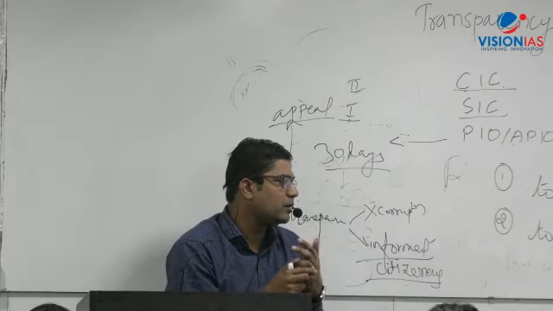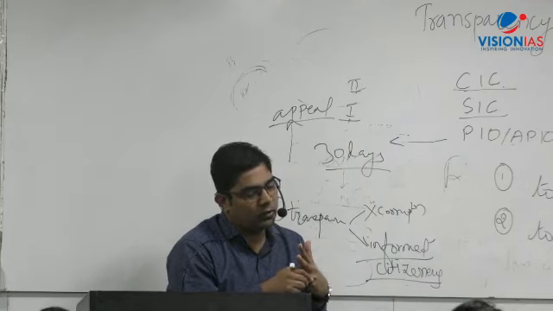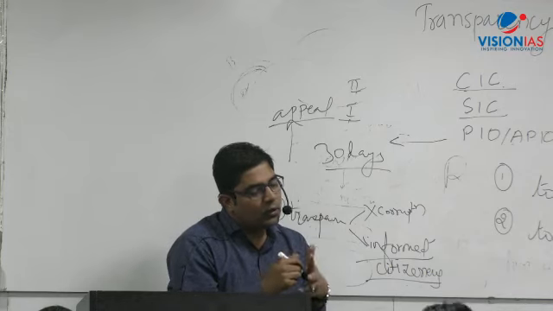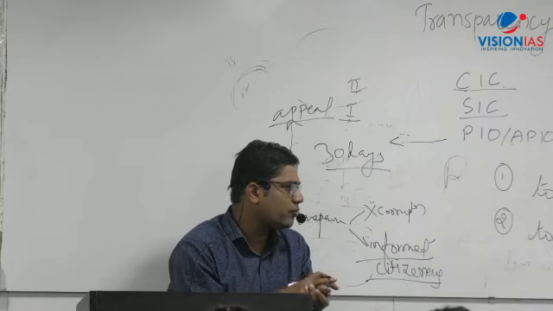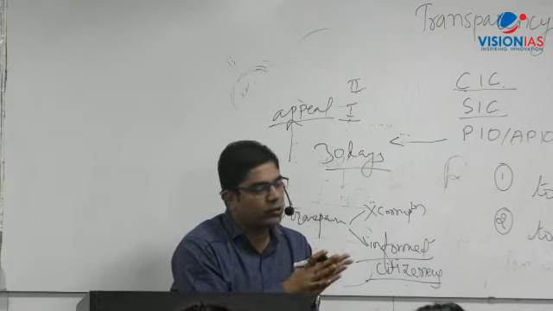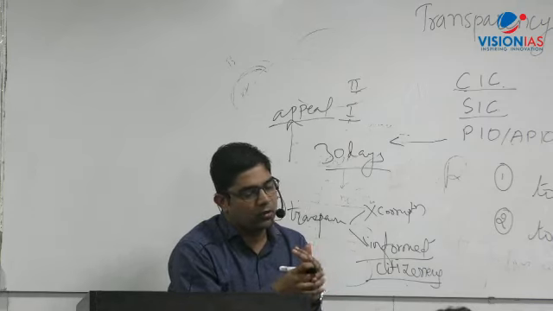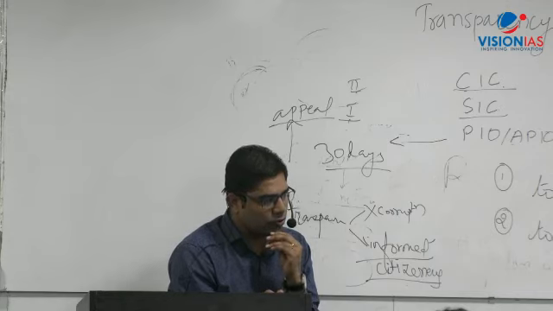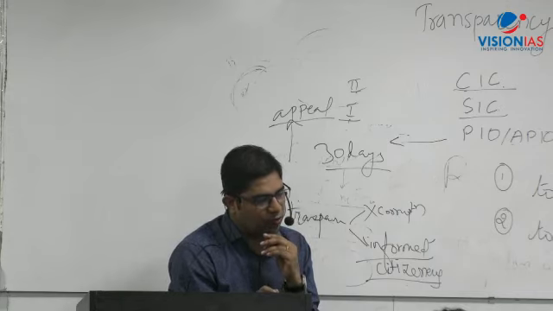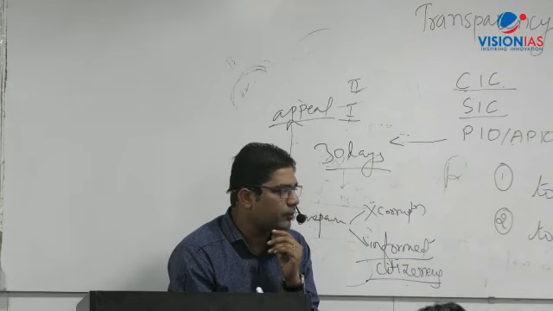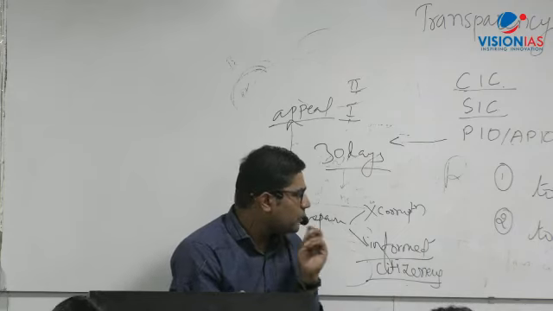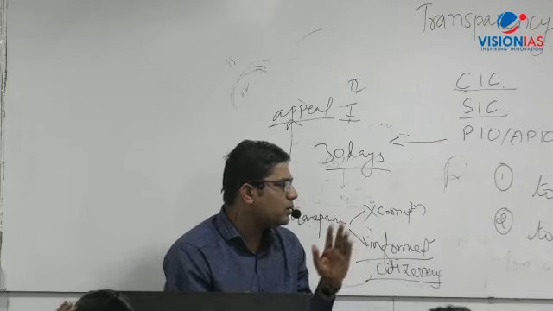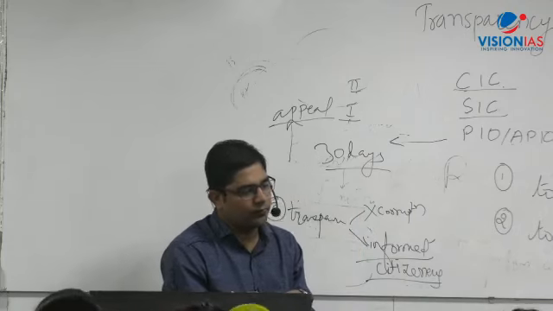Okay, next, to ensure accountability in the governance. So transparency, accountability, deepening of democracy, reduction of corruption, informed citizenry, these are all principles, and through bringing the institutional mechanism.